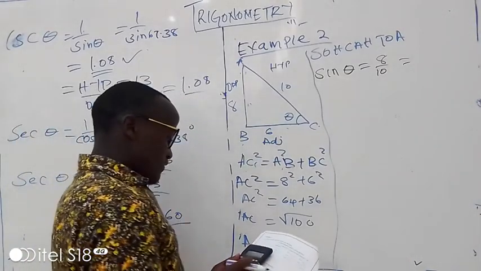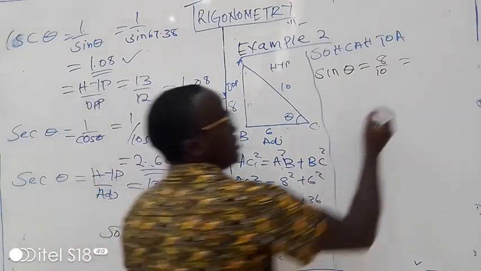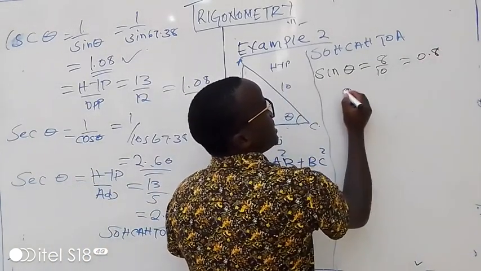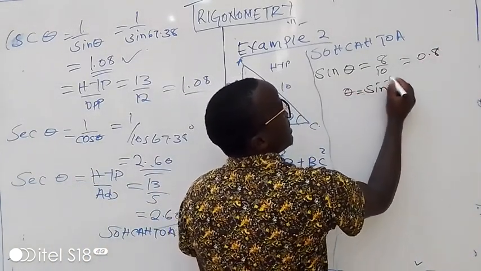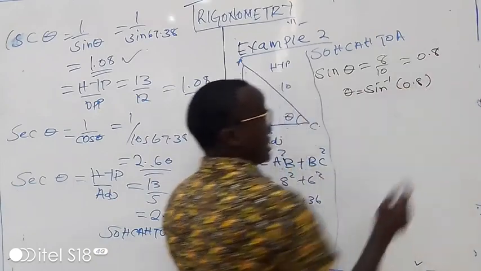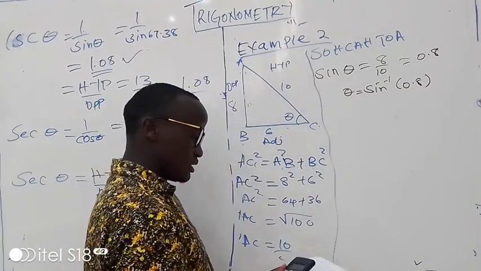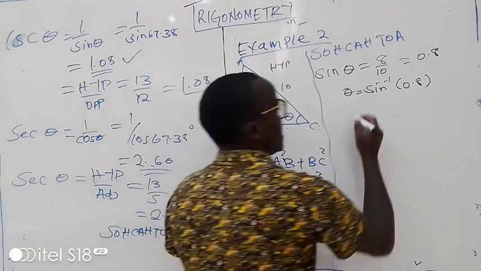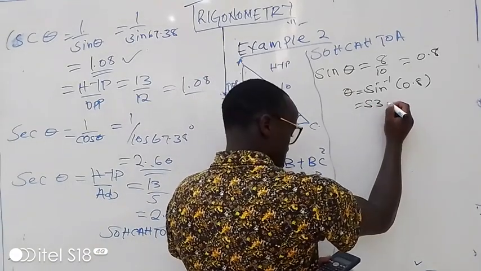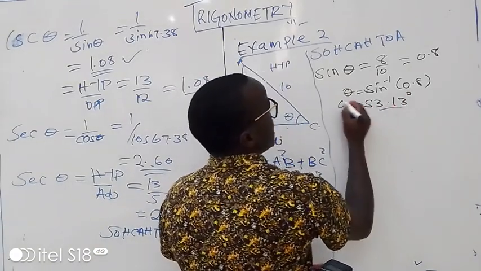You can calculate 8 divided by 10, which is 0.8. So our theta is equal to sine inverse of 0.8. You can take shift sine of the answer, it is 53.13 degrees. Now this is our theta.